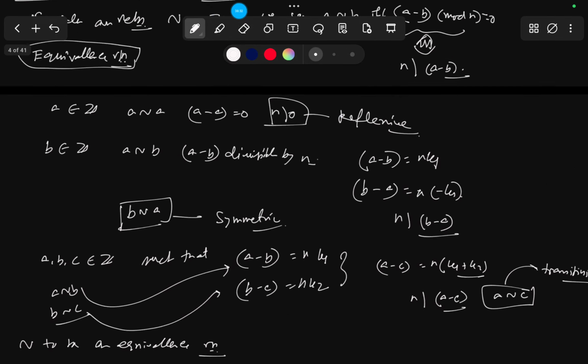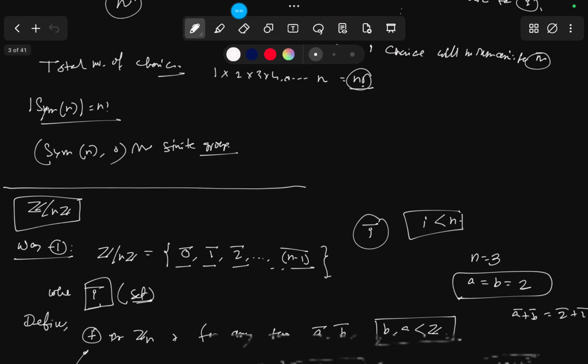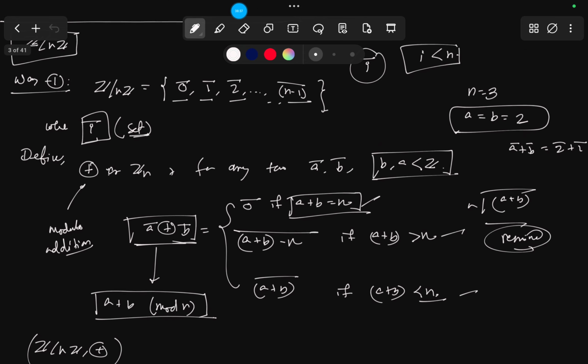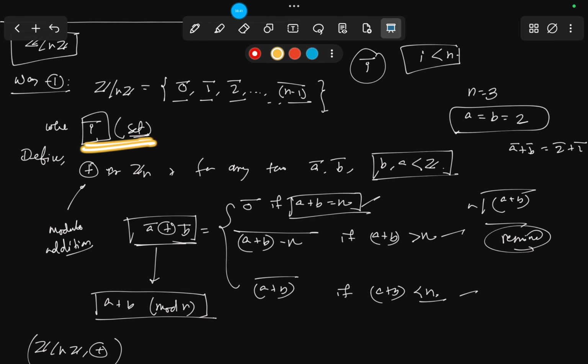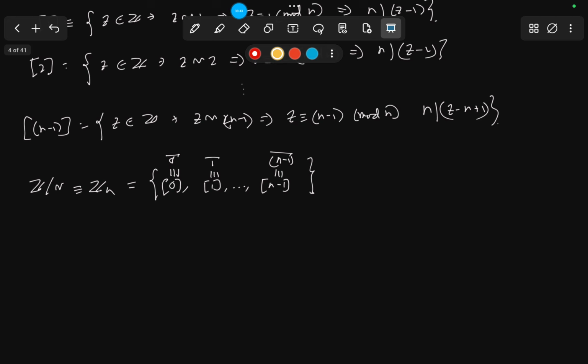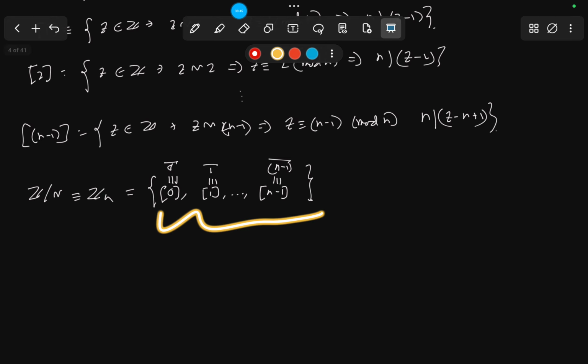So now I hope the question arises in your mind, what these 0 bar or i bars basically stand for. These are the precise definitions of each of the sets, right? 0 bar, 1 bar, 2 bar and up to n minus 1 bar.